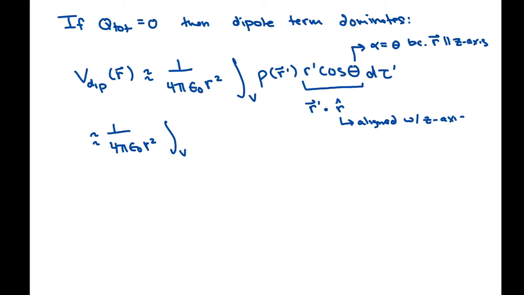So when I take the dot product, that means this angle is going to be the angle between the direction of our r vector and the r prime vector. Okay, so I can rewrite this bit as r prime dotted with r hat d tau.